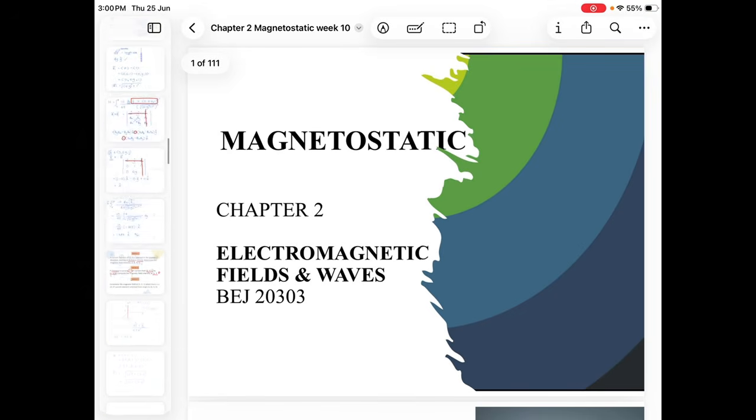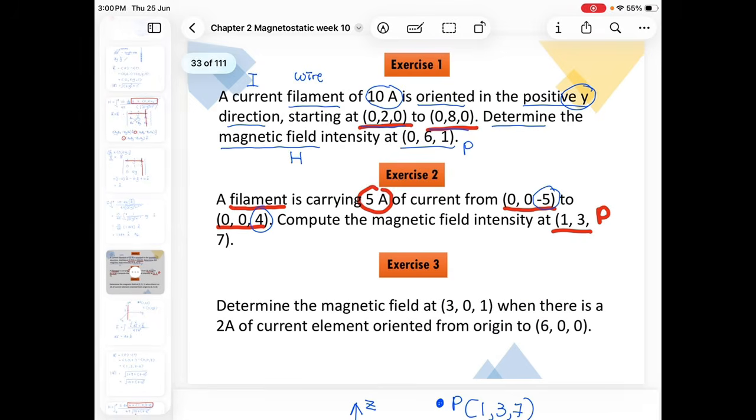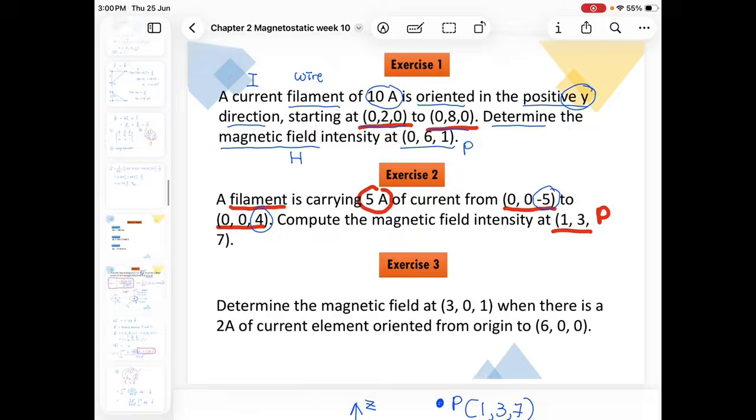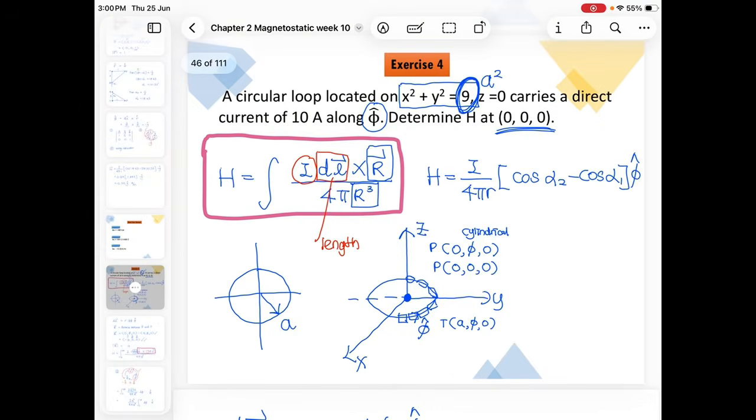If you recall, this is the exercise, so you can refer. This is in your notes as well. We talked about how to find the magnetic field due to a circular loop that is located, for example in this question, at these positions.